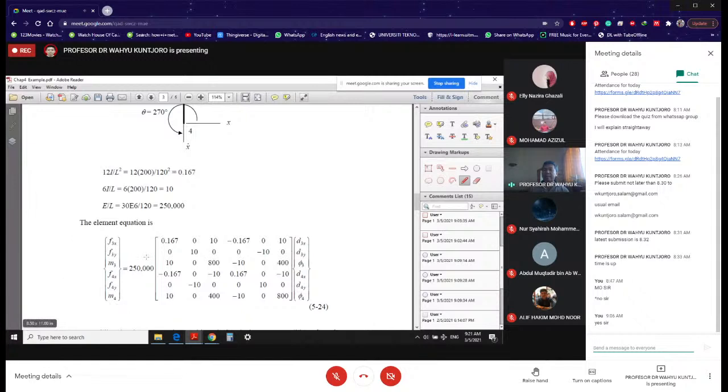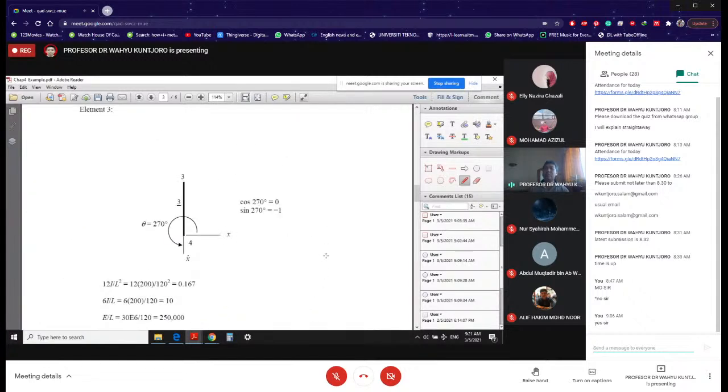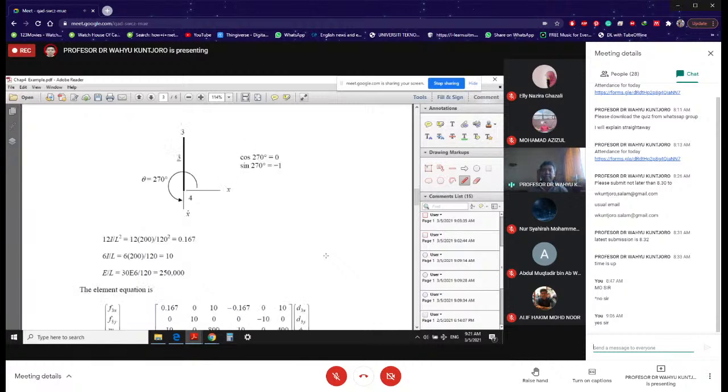You cannot write like this because now it is from 4 to 3. Then you have to write your force and displacement as 4, 4, 4, 3, 3, 3. So that's the difference. All right. Okay. So with that, I finish all the element equations.